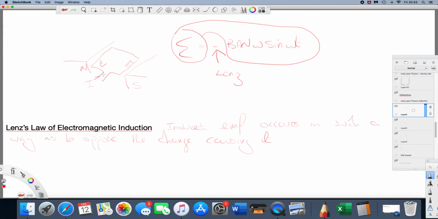In other words, if that was true, all I would have to do with my coil, forget the current, I just connect the coil up to, whatever, and I just give it a little tip.